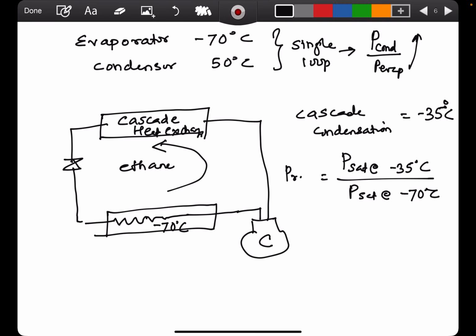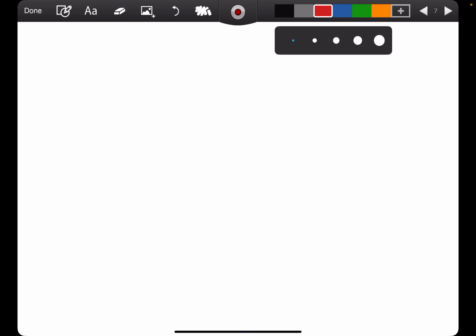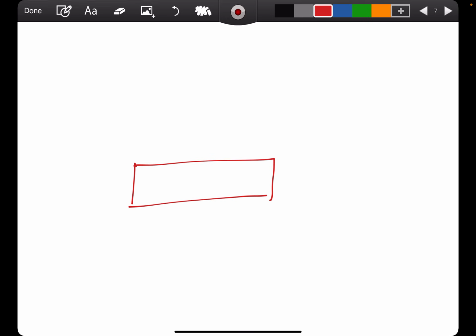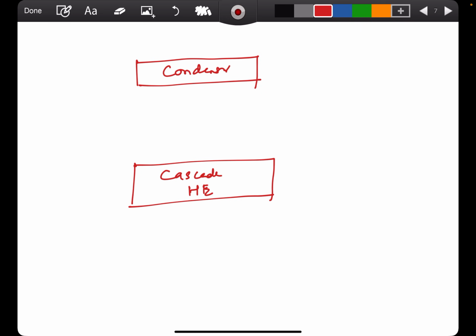And in the high temperature cascade, again here you have a cascade heat exchanger, here you have the condenser, then the compressor in the high temperature loop, and an expansion valve.